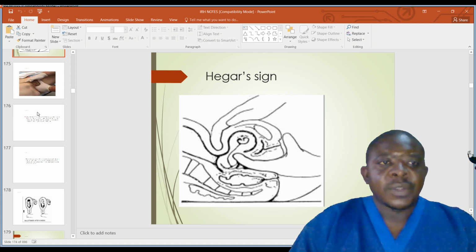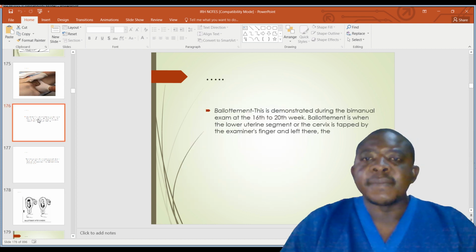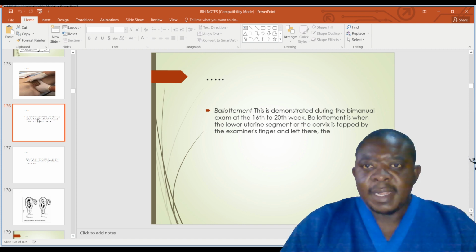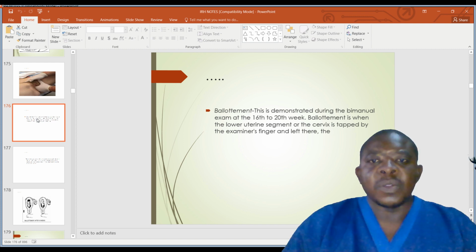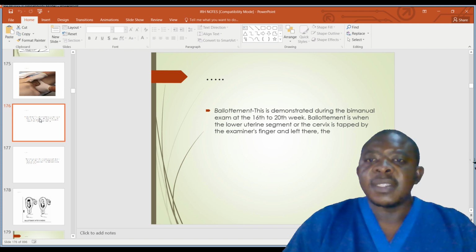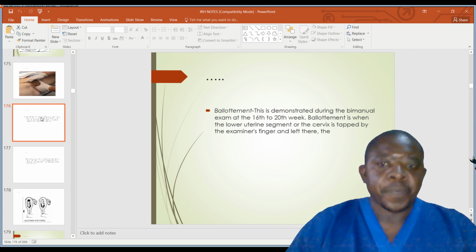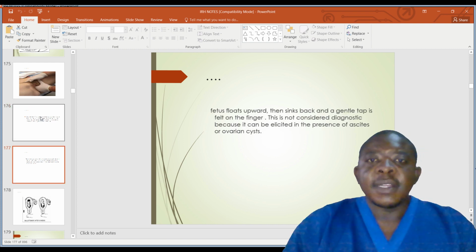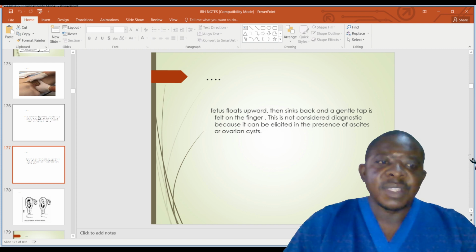Okay, so we move on to look at ballottement. This is demonstrated during bimanual exam at the 16th to 20th week. Ballottement is when the lower uterine segment or the cervix is tapped by the examiner's finger and left there. The fetus floats upwards, then sinks back, and a gentle tap is felt on the finger.